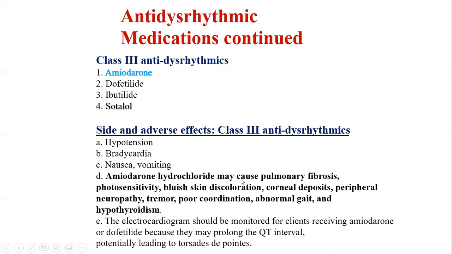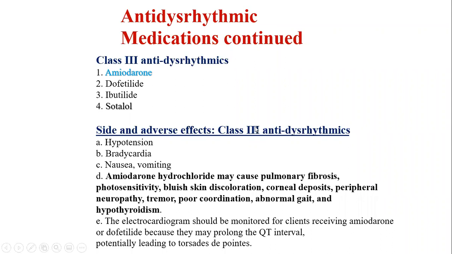Amiodarone may cause pulmonary fibrosis. The NCLEX board asks questions from here. So pulmonary toxicity, or they can cause liver toxicity. They also cause visual disturbance and thyroid dysfunction. Very important for the NCLEX board.